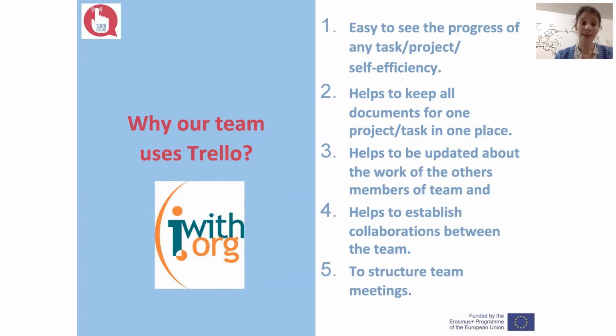And for them, I think it's also very important to participate in Trello, because if you work part time, you can miss a lot of information, no? What actually was happening when you were not in the team. Trello all the time updates you with all changes that had happened in the team while you have not been there.